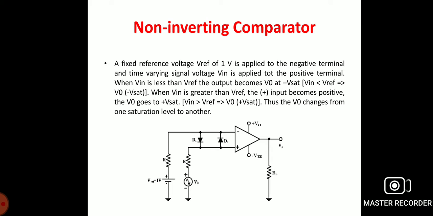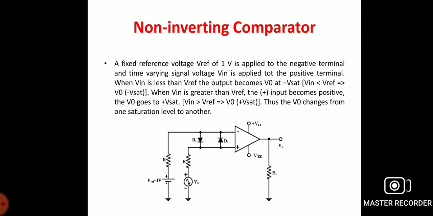Now we move on to the circuit. The diodes D1 and D2 protect the operational amplifier from damage due to excessive input voltage. Because of these diodes, the differential input voltage of the operational amplifier is limited, and the diodes are called clamp diodes.